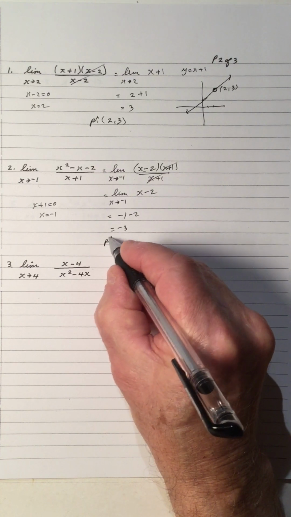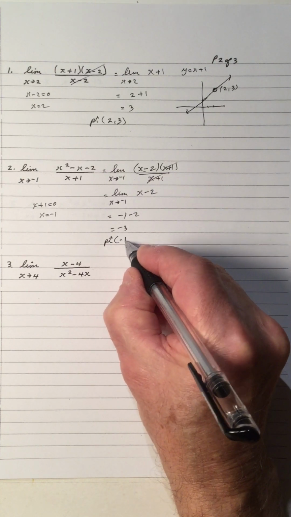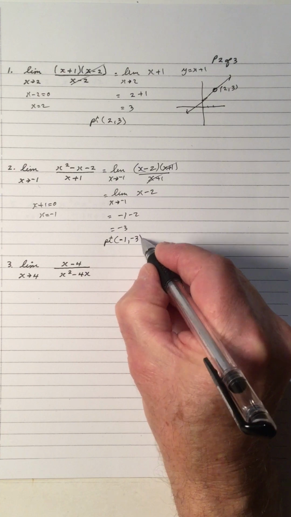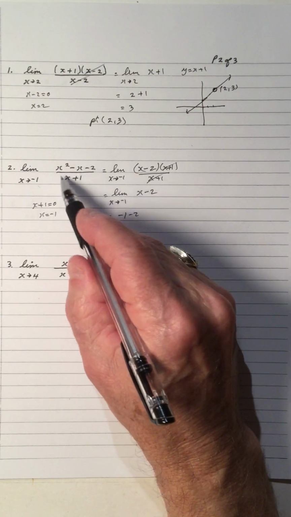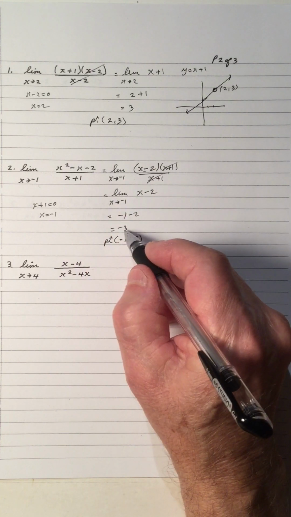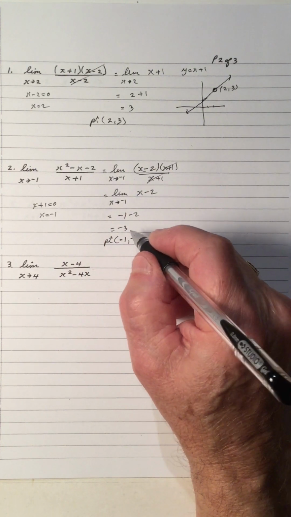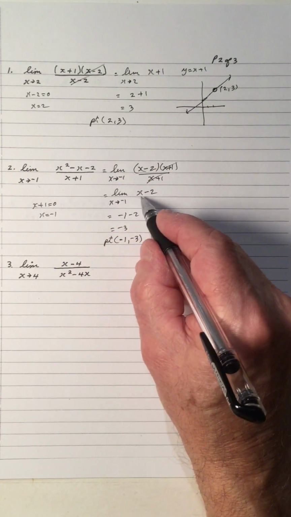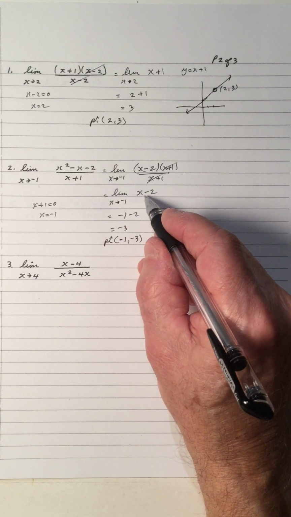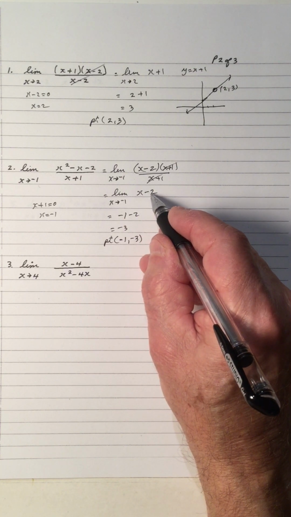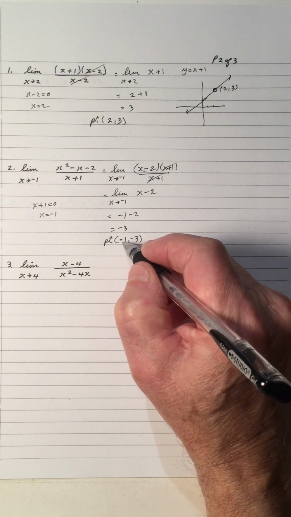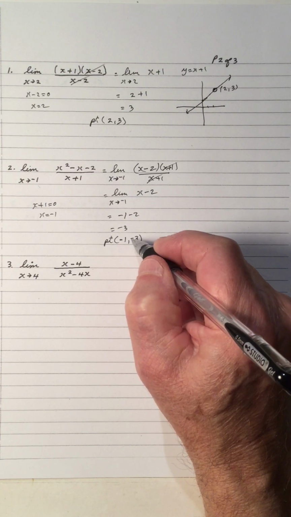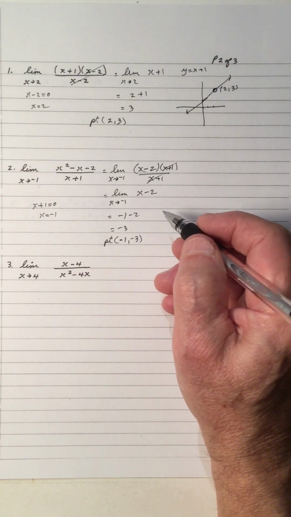So again, when x is negative 1, y is negative 3. So the limit of this expression is negative 3, but again, there's a hole in this line. This is the line y equals x minus 2, and there'll be a hole at (negative 1, negative 3).